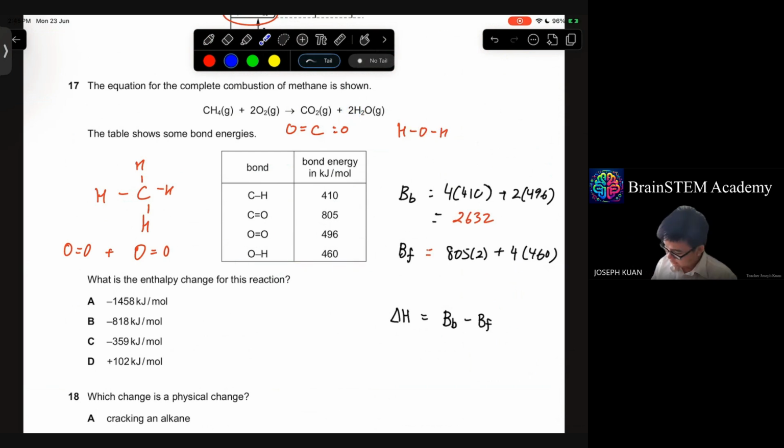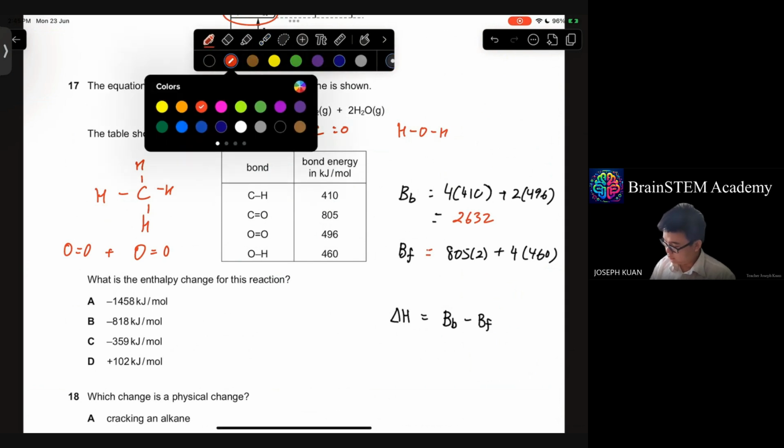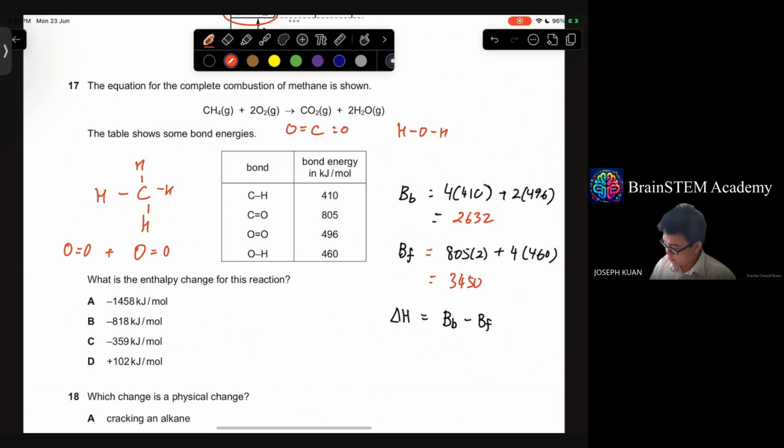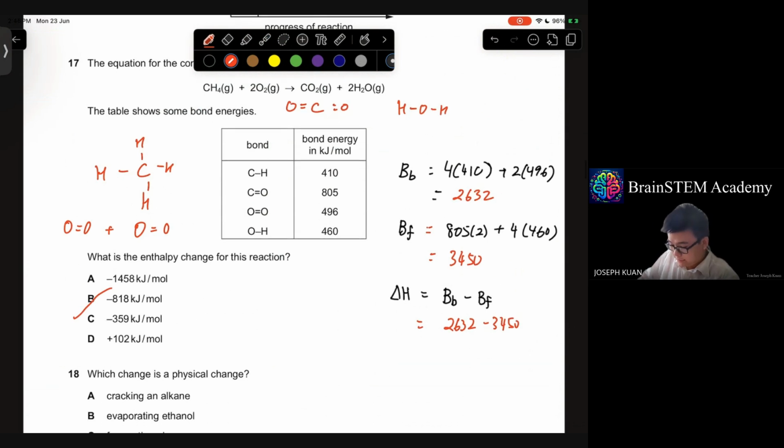That will give us 3450 as the amount. So using the formula, 2632 minus 3450 will give us negative 818 kilojoule per mole. So the answer for question 17 is B for boy.